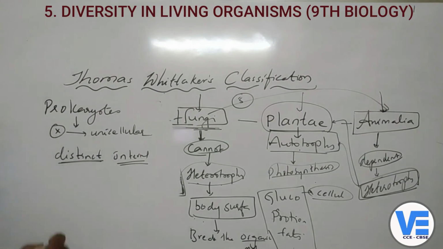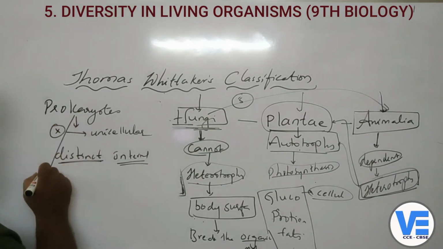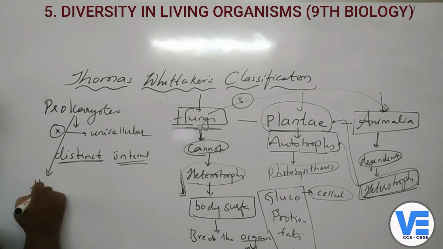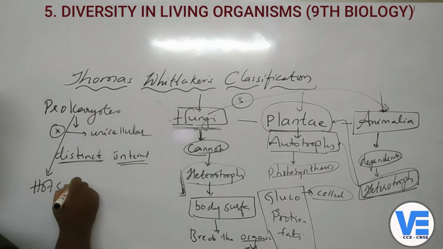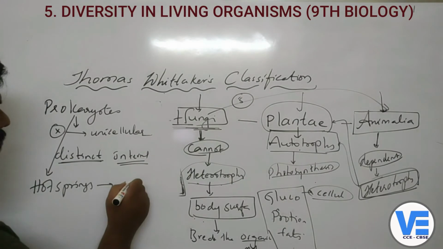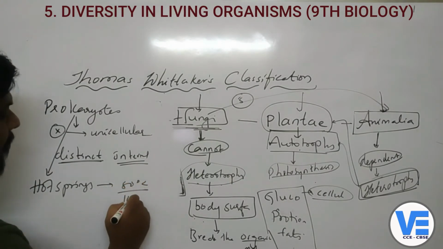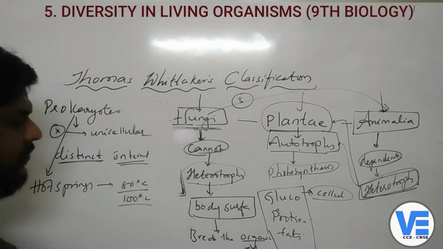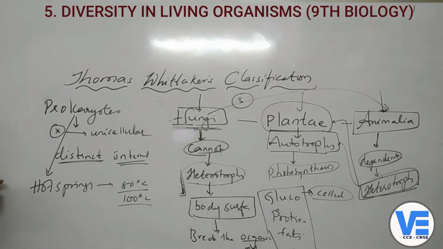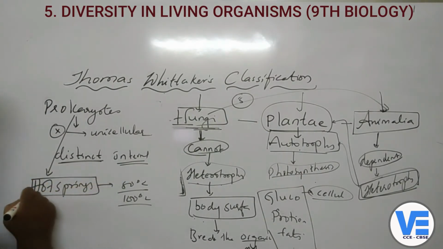And also some of these prokaryotes are able to live in the hot springs where the temperature is above 80 degrees centigrade, sometimes even above the boiling point. They are able to live in the hot springs, and they are called thermophiles.